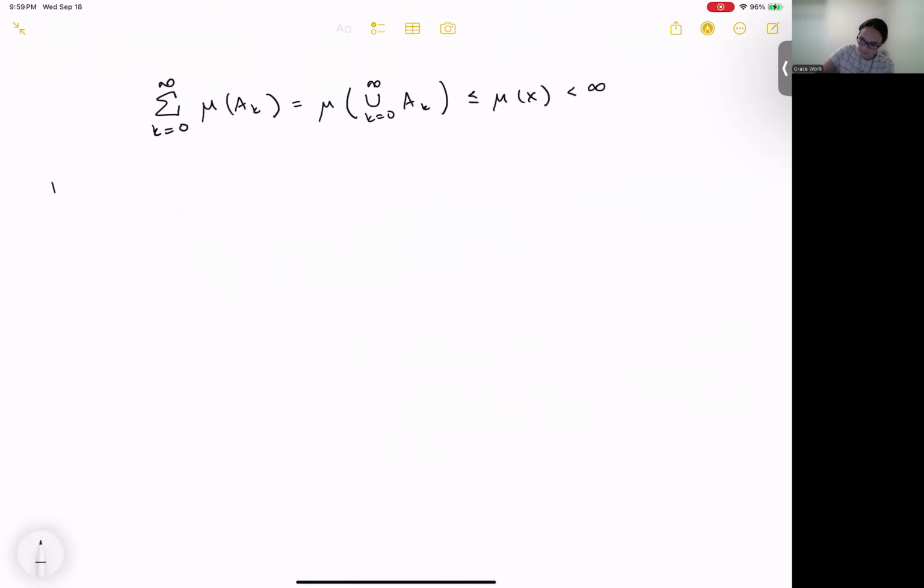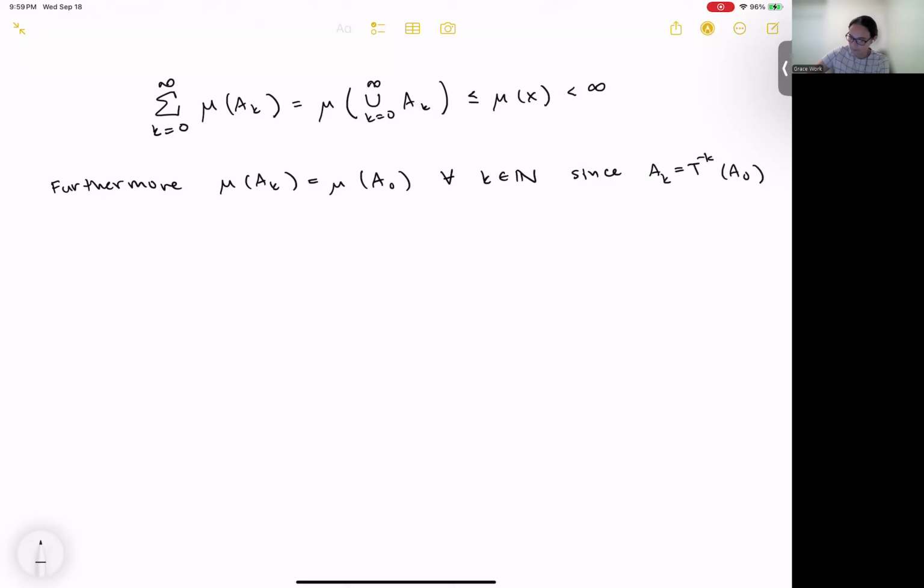In addition, the measure of A sub k is equal to the measure of A0 for all k, since T is a measure preserving transformation.